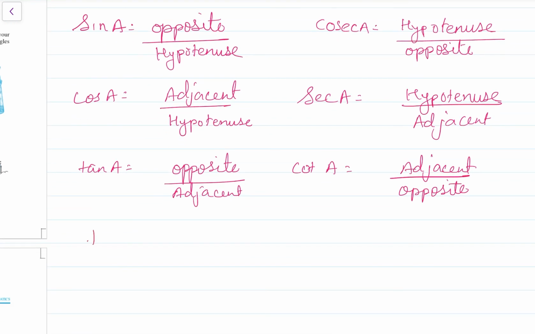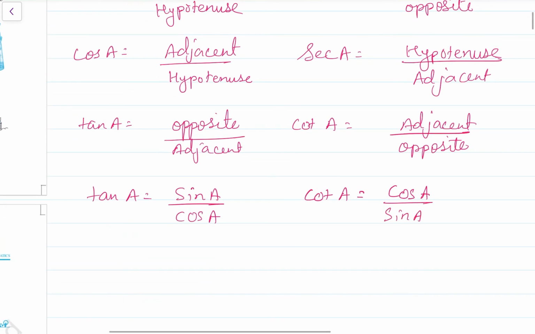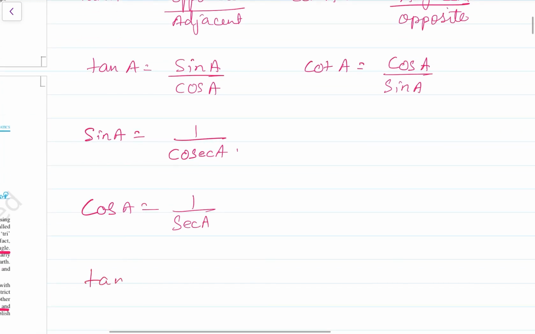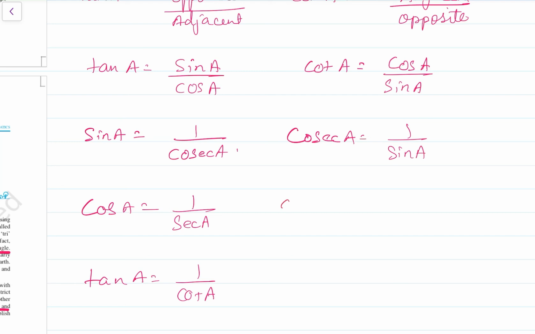And one more relation is tan A is equal to sine A upon cos A, and cot A is equal to cos A upon sine A. Sine A is equal to 1 upon cosec A, cos A is equal to 1 upon sec A, tan A is equal to 1 upon cot A, and cosec A is equal to 1 upon sine A, sec A is equal to 1 upon cos A, and cot A is equal to 1 upon tan A.